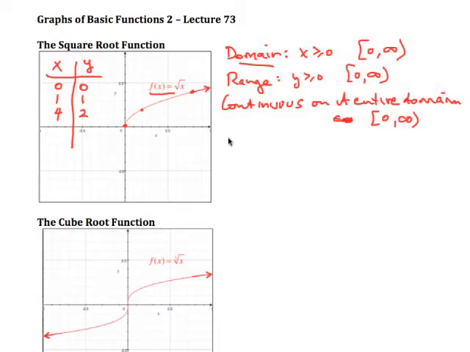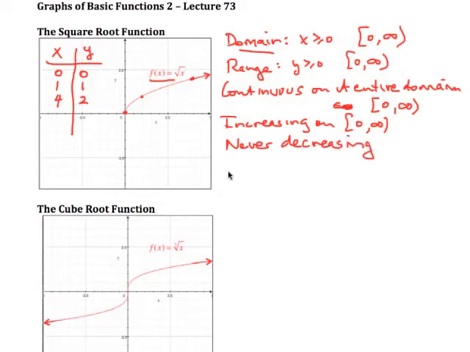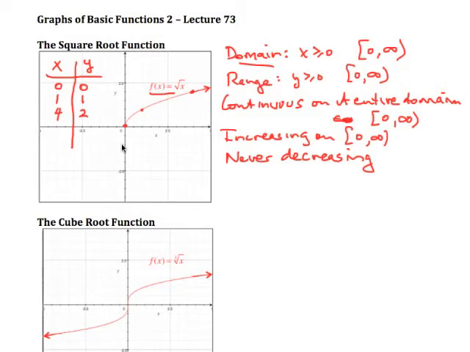Next, when is it increasing and decreasing? Well, we can see that it's always rising to the right, so it's increasing on its entire domain again, which is this interval. It is never decreasing. All right, so that's our square root function.